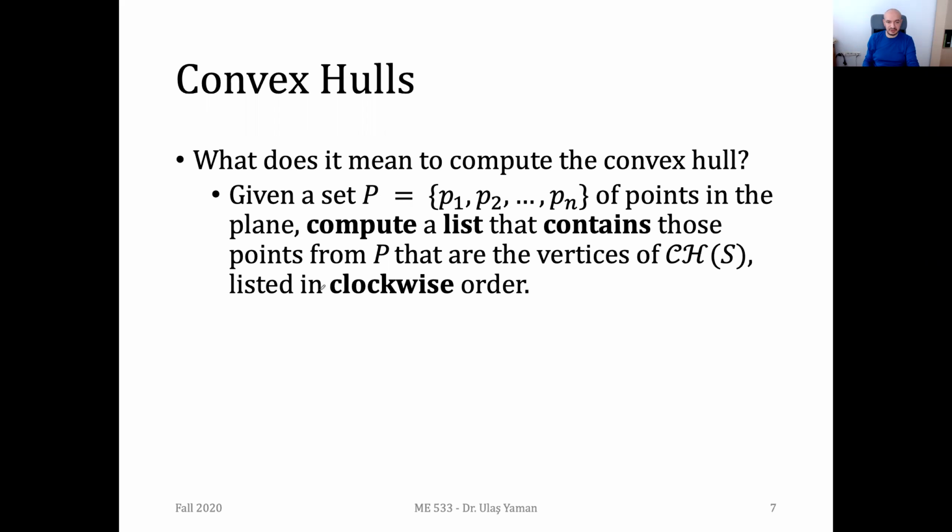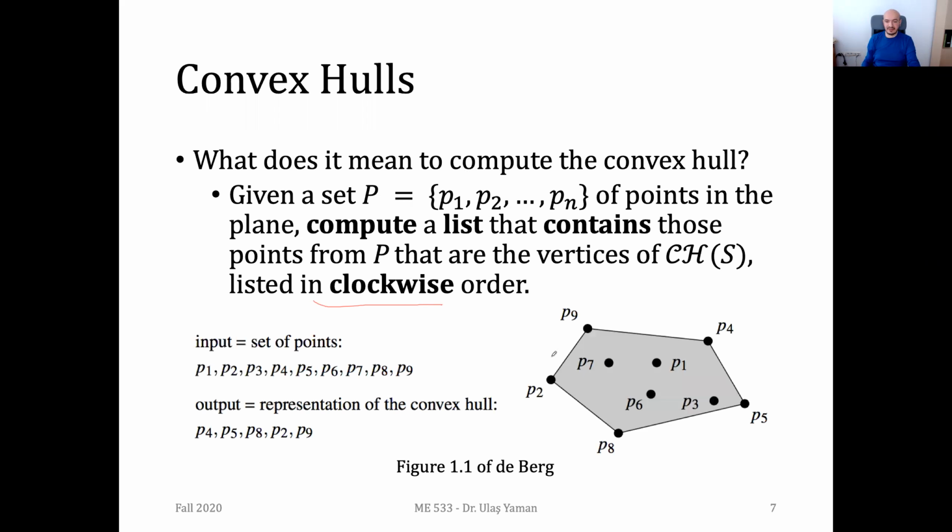These are important. The output of your computation should be in the clockwise order, and your output points should be defining the convex hull in the clockwise order. Here's the example. For instance, we have 9 points, so your set has 9 points.